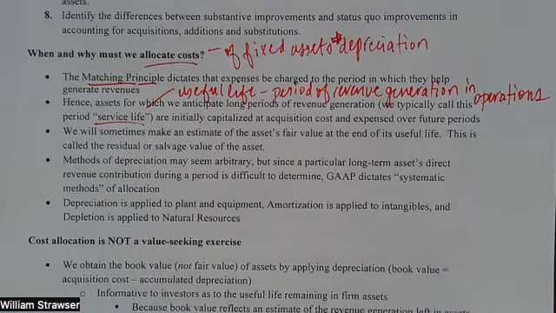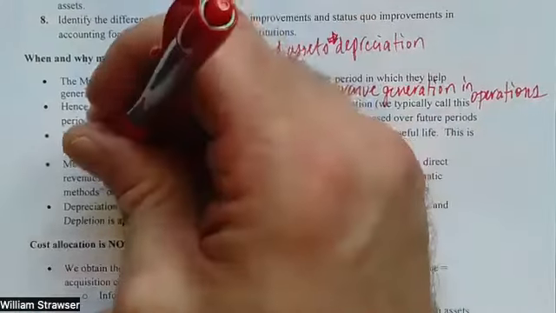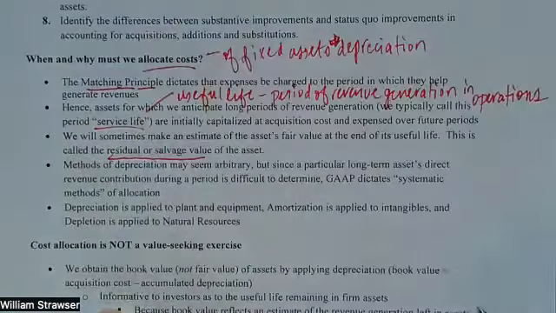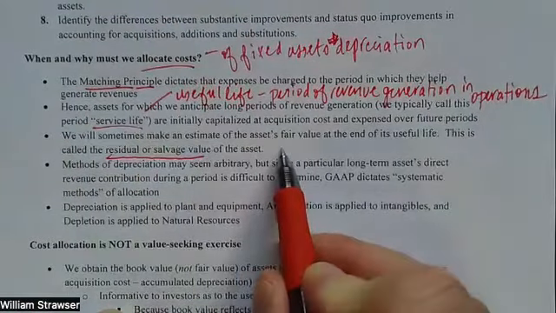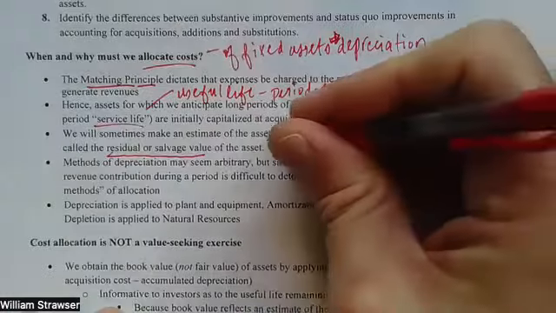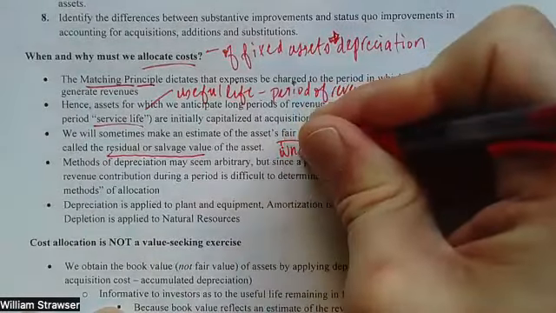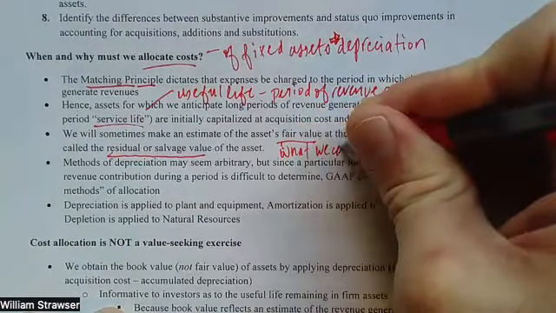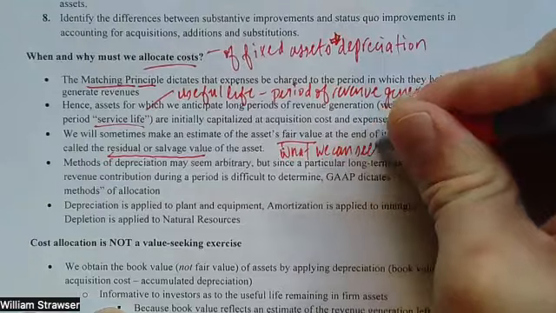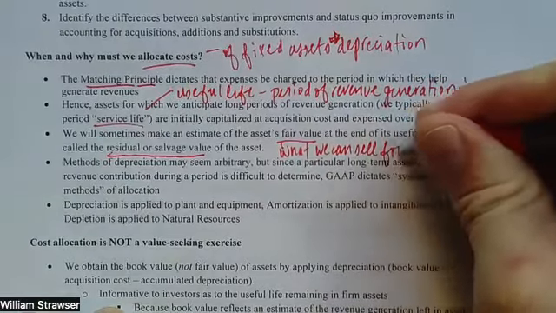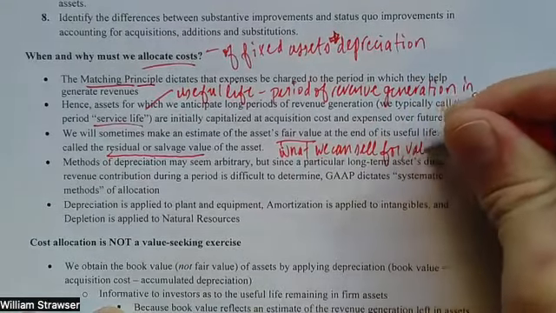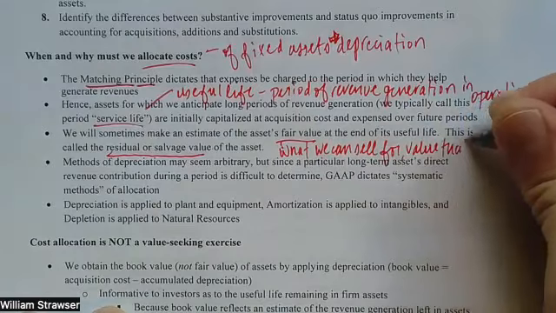In our estimation of depreciation, we will sometimes get what we call a salvage or residual value. And the salvage or residual value is just the estimate of the asset's fair value, what we can sell it for. Or maybe another way to think of it is the value that can be recouped.